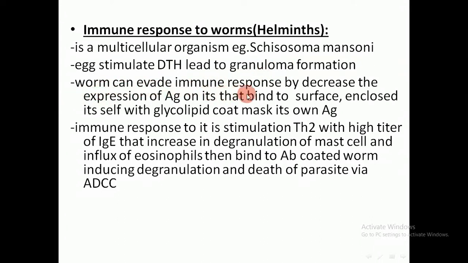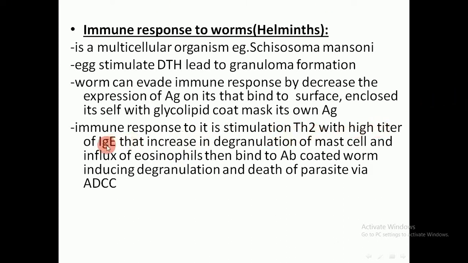While the worm can evade the immune response by decreasing the expression of the antigen on its cell surface and enclosing itself with a glycolipid coat that masks its own antigen, so the immune response does not recognize it.